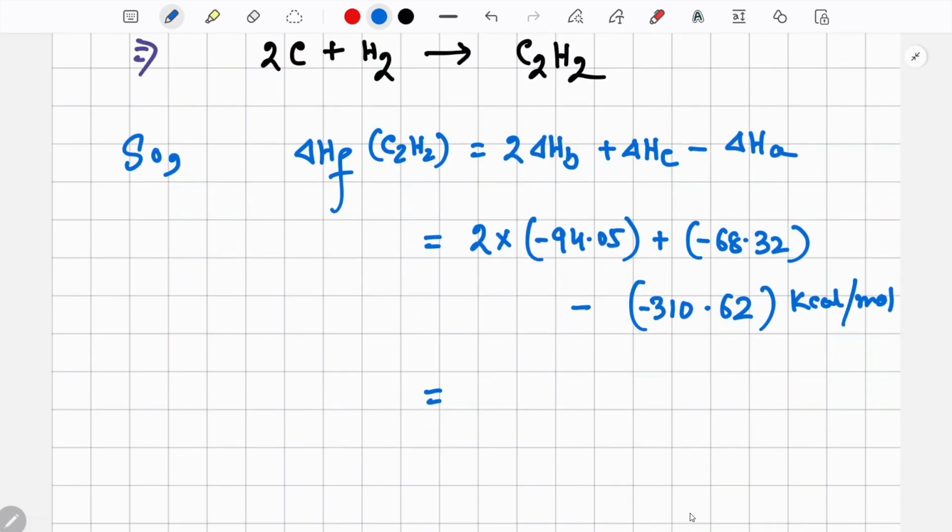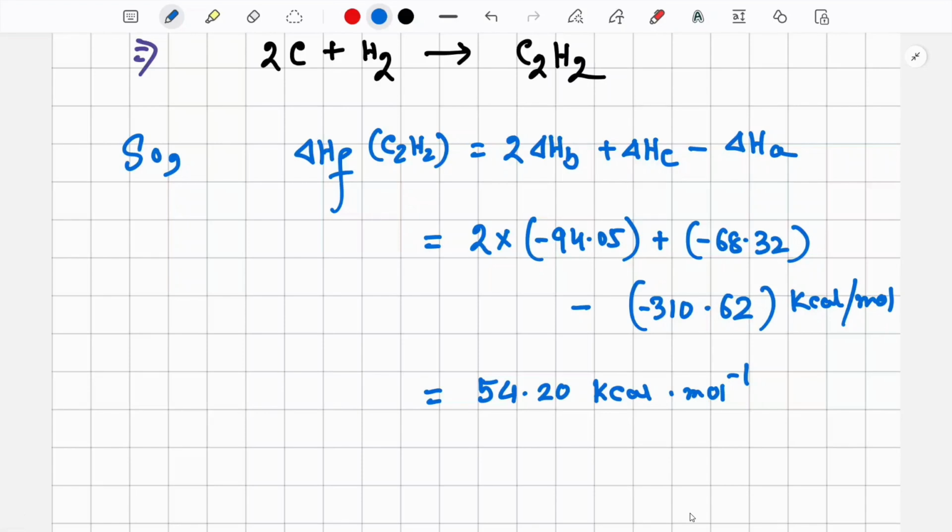Minus 54.2 kilocalorie per mole. Minus is there. Sorry, 54.2 kilocalorie. Okay. Yes, so this is the procedure.